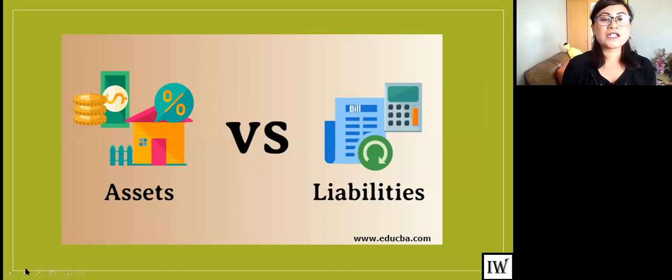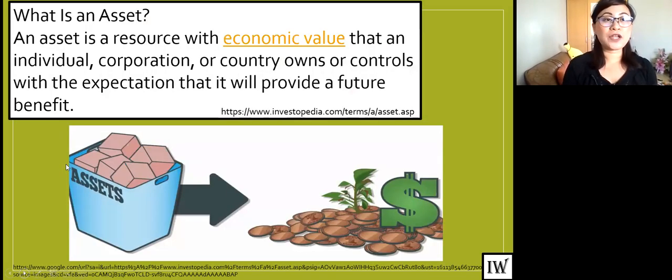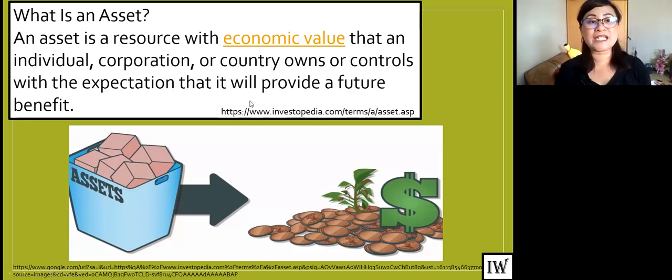So we have here assets. Assets are resources with economic value that an individual, a corporation, or a country owns, and that are expected to provide us a future benefit. This future benefit includes the financial freedom or the money that comes to us.